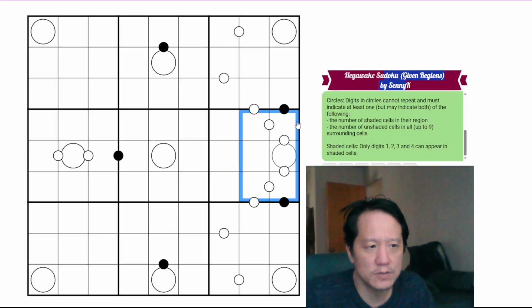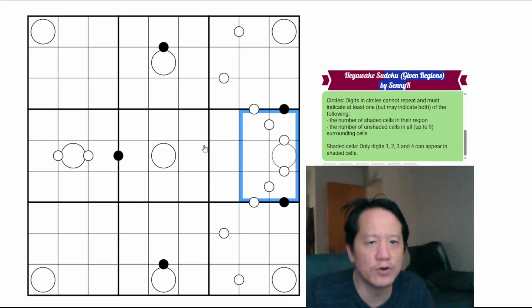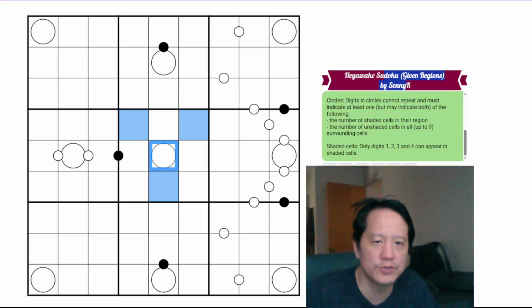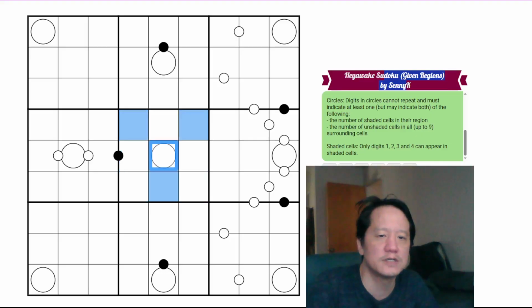Interesting. And so okay, let's say this was shaded this way in this middle box. Then this could count either the number of shaded cells in the region, which is 3. So this could be 3, or it's the number of unshaded cells in the up to 9 surrounding cells, which would be 6 in this case.